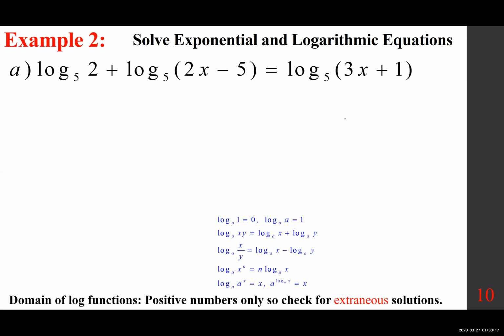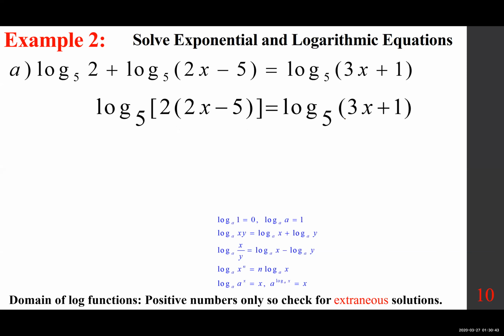When we have logs and nothing else, we don't move anything around. We don't have to, although sometimes it's helpful. We just write both sides as a single log and we move on. If we have logs and numbers, we bring all the logs together, all the numbers together, we put the logs as a single log, and then we go to the exponential format. We'll see that in a moment.